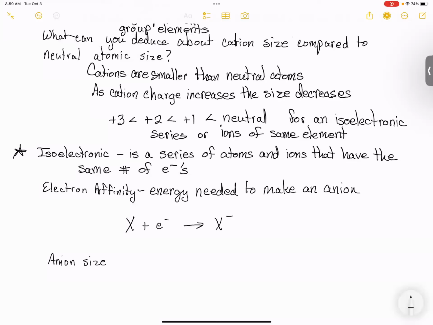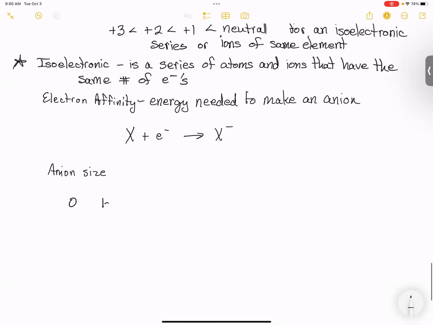But what I am going to do is talk about the anion size. Does anybody want to guess what's going to happen to anion size? Well, let's just prove it to ourselves. Let's take oxygen, and we're going to keep it simple: 1s2, 2s2, 2p4.